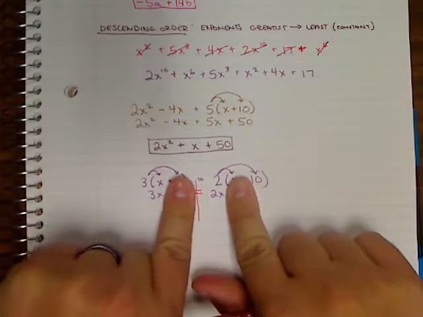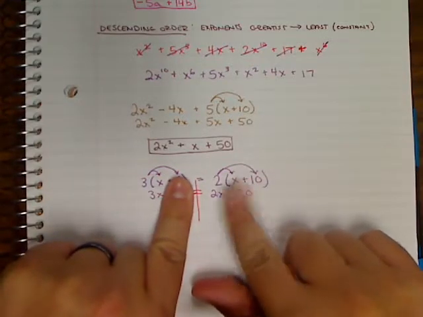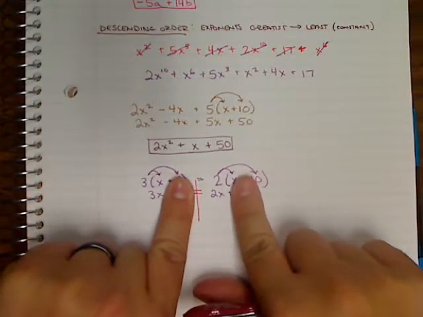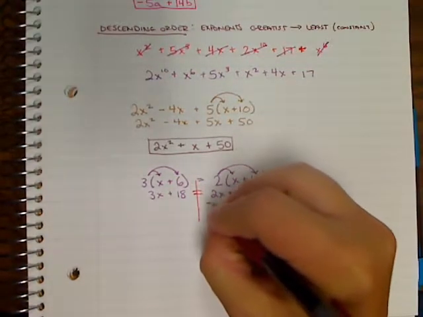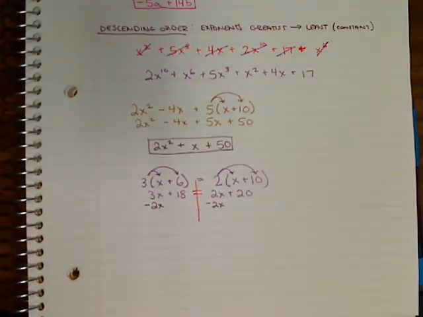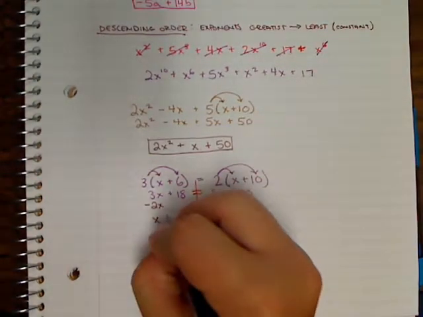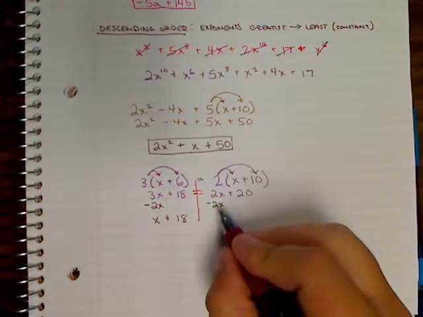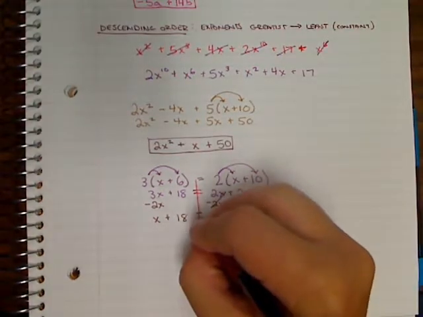And since this is positive 2x, I'm going to subtract 2x from this side. So 3x minus 2x will just leave me with 1x plus 18. Now over here, this is going to cancel out. I'm just going to be left with 20.